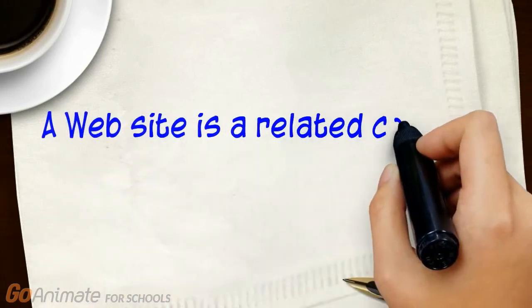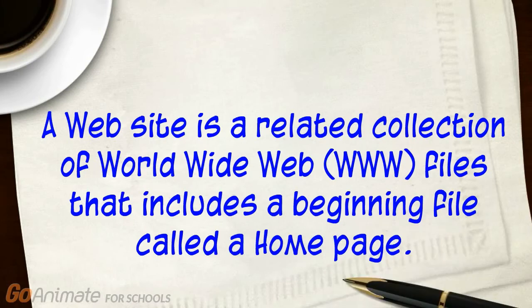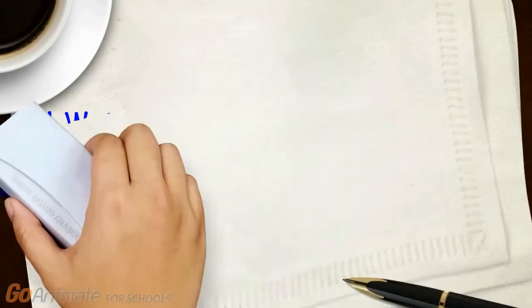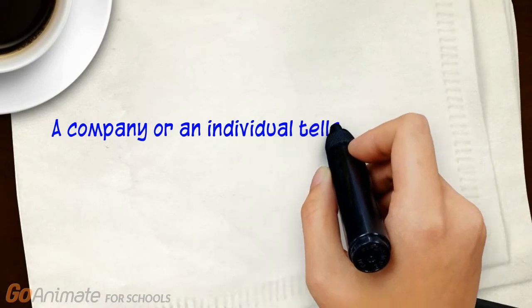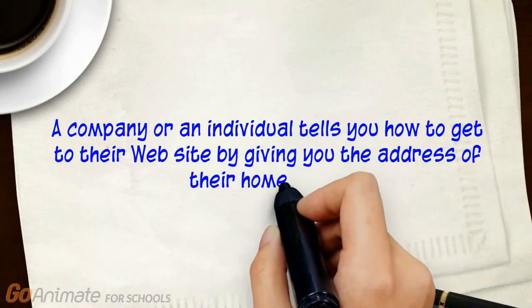A website is a related collection of World Wide Web (WWW) files that includes a beginning file called a home page. A company or an individual tells you how to get to their website by giving you the address of their home page.